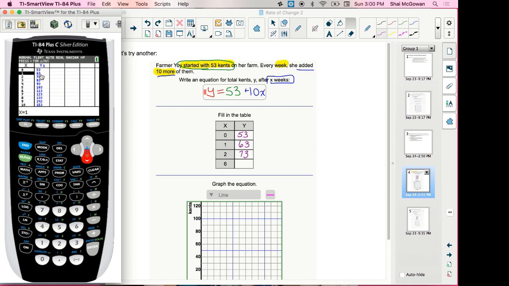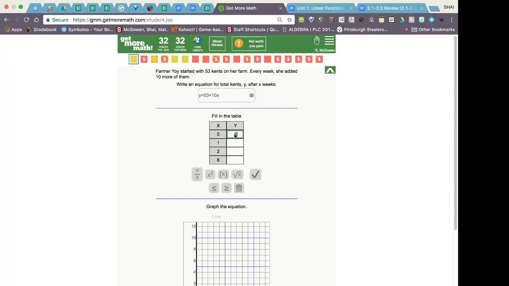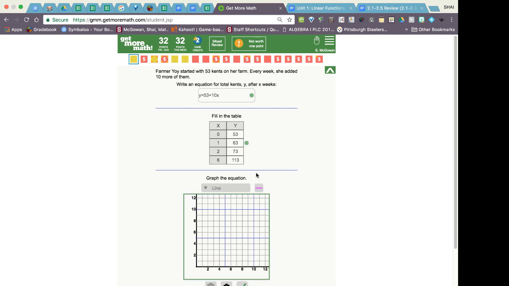And now that's a 6, so we need to go down to 6. 6 is here, so we're going to go down, and 6 is 113. Now we're going to go back out to GMM and put those values in to make sure we're right. So we had 53, then 63, then 73, and then 113. See if that's correct. It is.